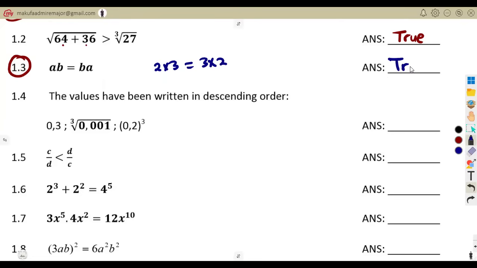Under addition, they can also ask you, A plus B under the same commutative law is equal to B plus A. For multiplication, the product of A and B is equal to the product of BA. That is our commutative law.